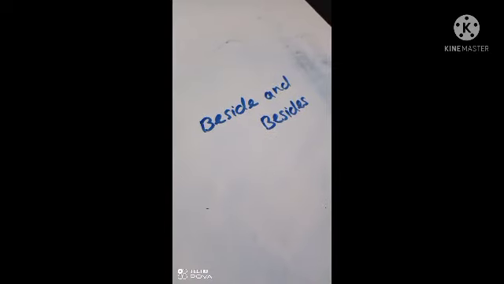Okay, these two prepositions are very confusing as to where they are to be used. So first of all, we should recognize the meaning of "beside". "Beside" means by the side of, or near.